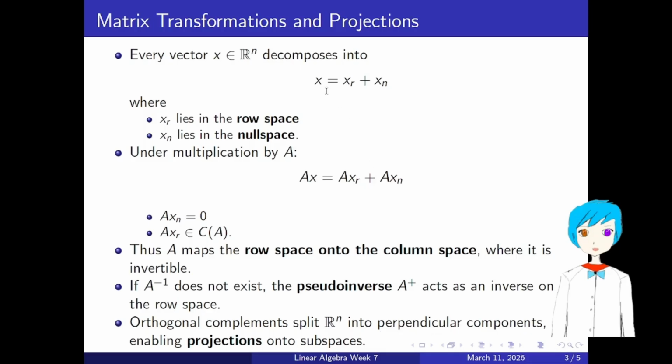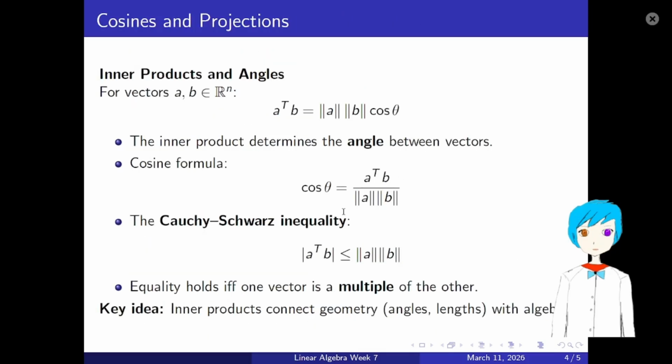As you can see, we decompose x into xr plus xn, and xr belongs to the row space, while xn belongs to the null space. So orthogonal complements basically enable projections onto subspaces, as we just did.